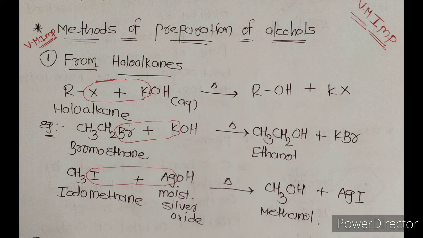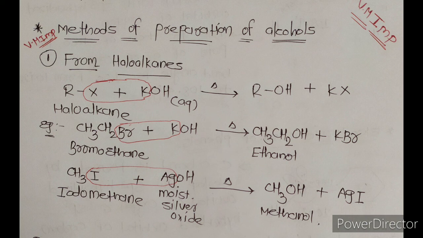CH3CH2Br, bromoethane, reacts with potassium hydroxide, means KOH, at a high temperature, then it is converted into ethanol. Here simply remember, K from potassium hydroxide and Br from bromoethane react together to form KBr, and OH reacts with the ethyl group to form ethanol.